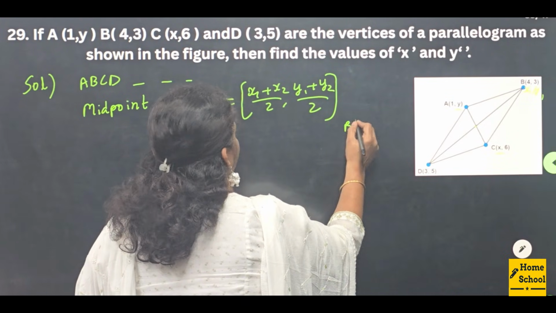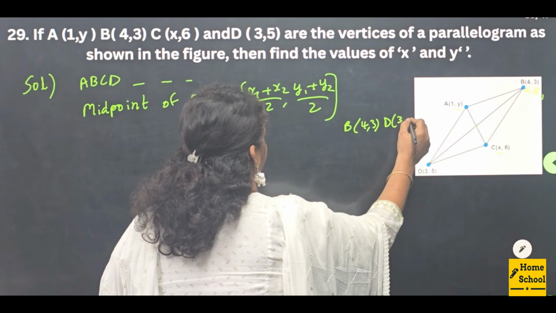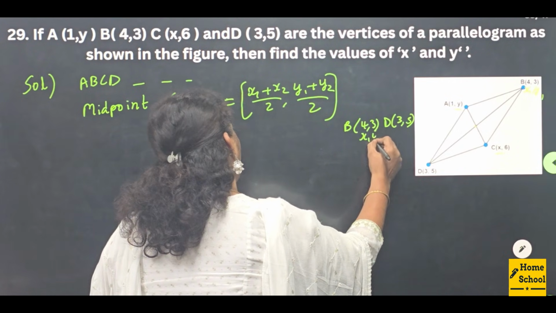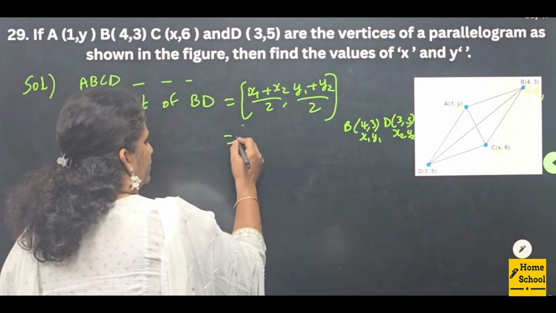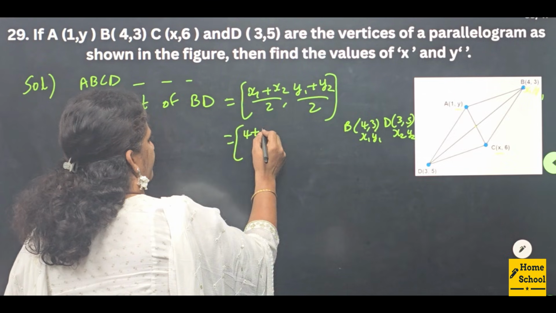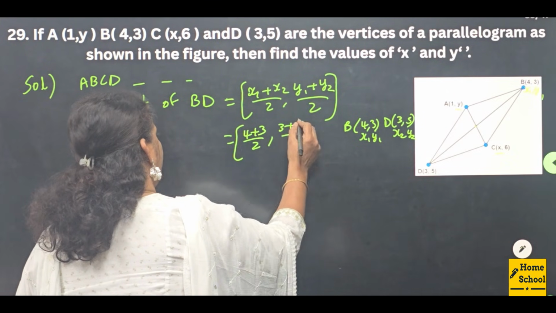B coordinate is (4, 3). D coordinate is (3, 5). Substitute x1, y1, x2, y2: (4 plus 3) by 2, (3 plus 5) by 2.